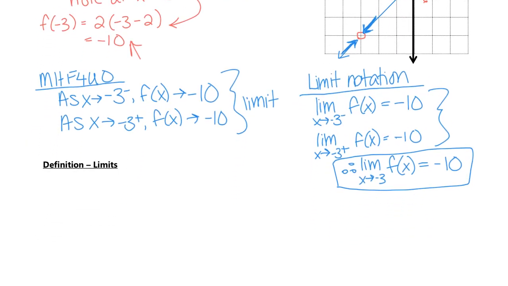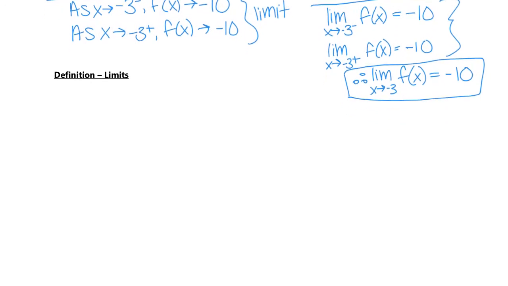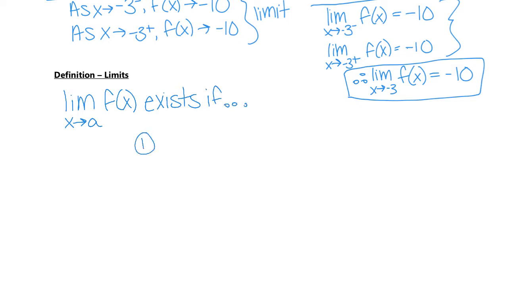Let's define this more generally now. The limit as x approaches a for a function exists if, number one, the limit as x approaches a from the left of that function exists, so it has to exist.